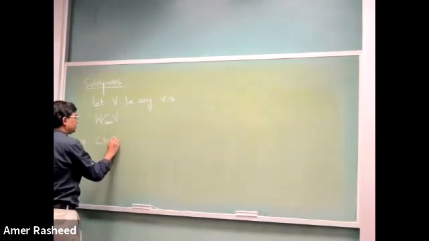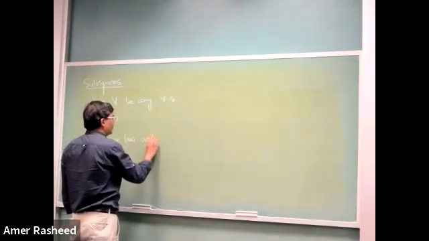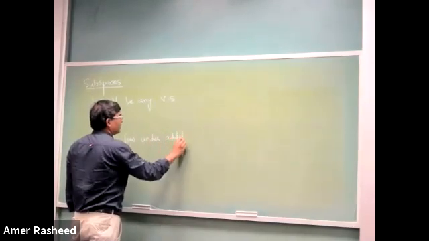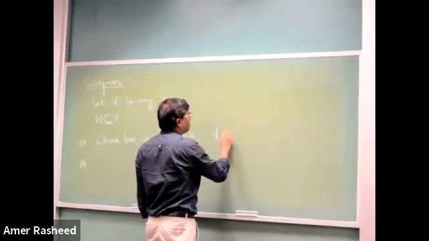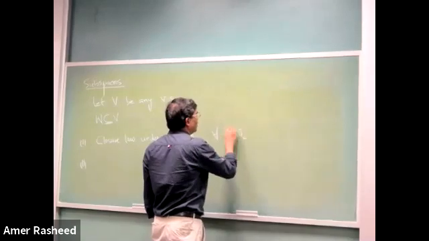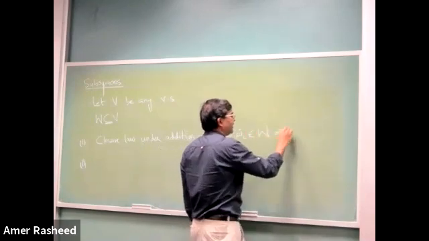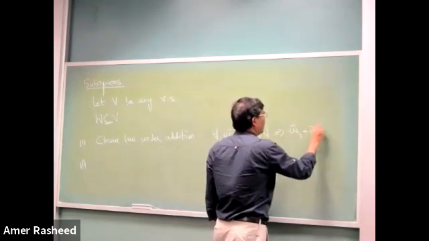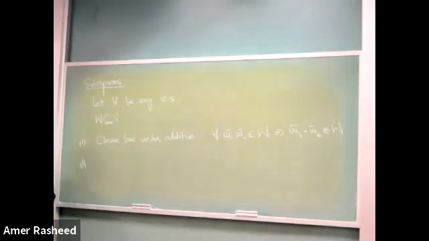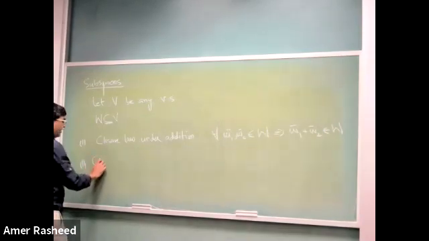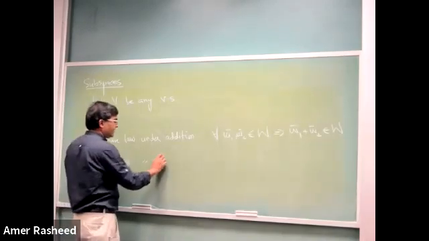That is, for all W1, W2 belonging to W, W1 plus W2 belongs to W. The second property is closure under scalar multiplication.